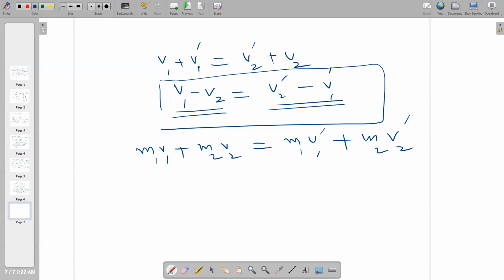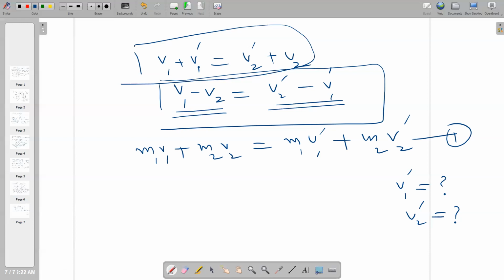Now I want to find v1 dash and v2 dash in terms of their masses. This equation is not in terms of their masses. So I will put the v2 dash value from here, which is v1 plus v1 dash minus v2, into equation number 1 and then find the v1 dash value.